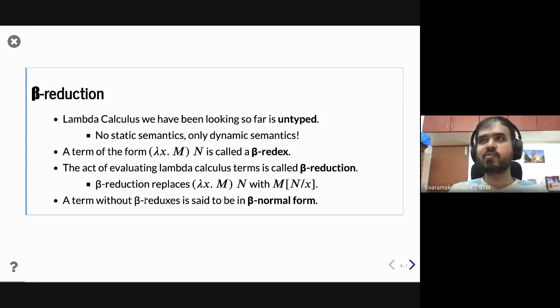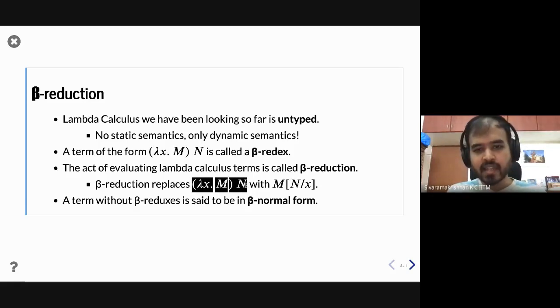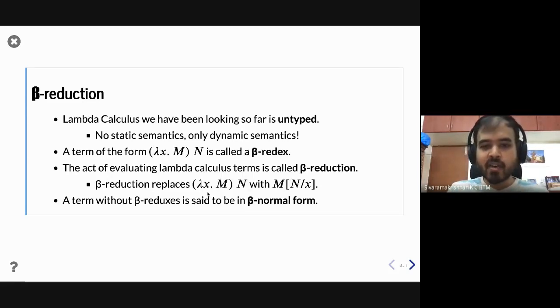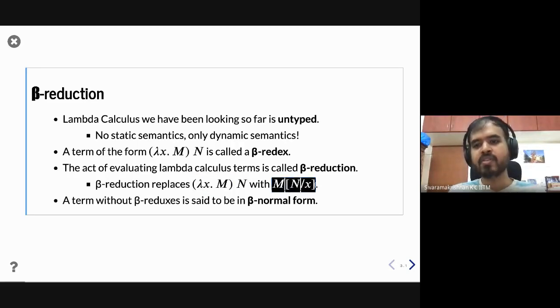And how do we explain reduction? All we do is we just perform substitution. So if you have a lambda x dot m and then an n, the act of reducing, evaluating this lambda term is: wherever you find x in m, replace that with n. So the way to read this is replace n for x in m. The beta reduction step of this term is really performing just substitution.